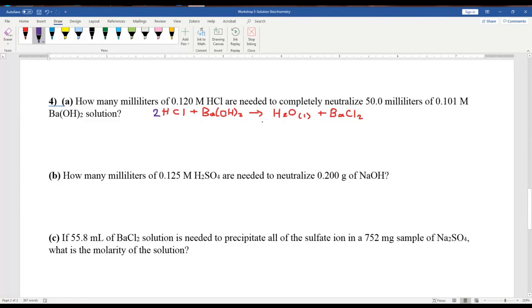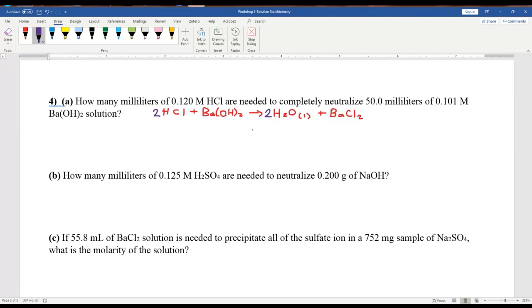No, we need a 2 in front of the water, which means we need a 4 in front of the hydrochloric acid now. Nope. Oh, never mind.